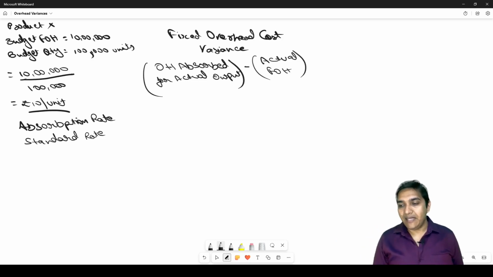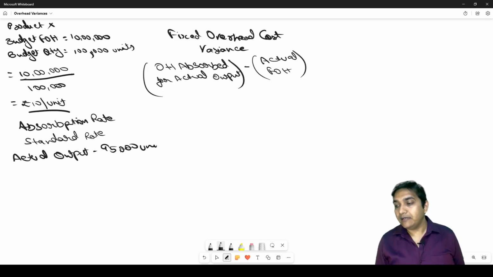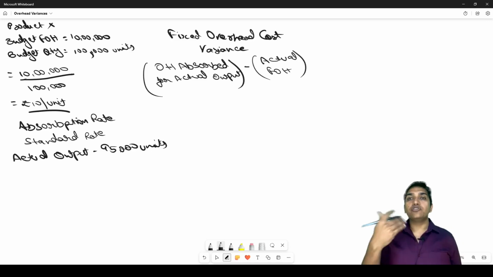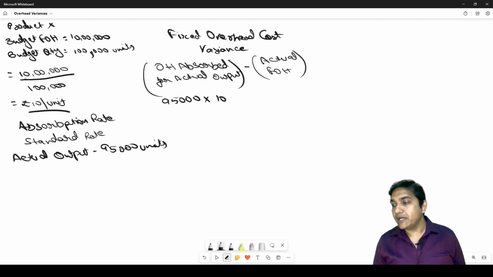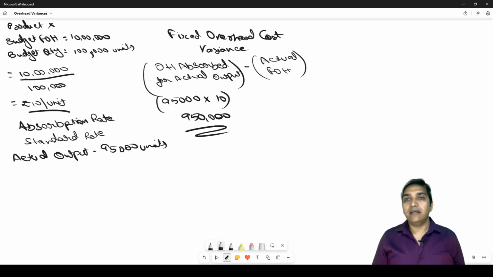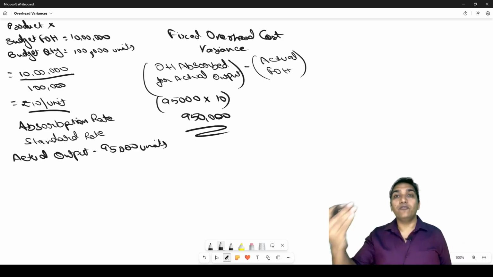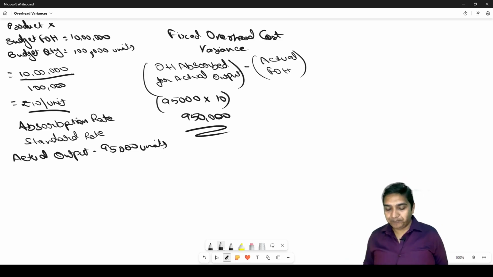Say in the given example, our actual output comes to 95,000 units. So absorbed overheads would be 95,000 into my absorption rate of 10, which will be 9,50,000. This will be my overhead absorbed for actual output.